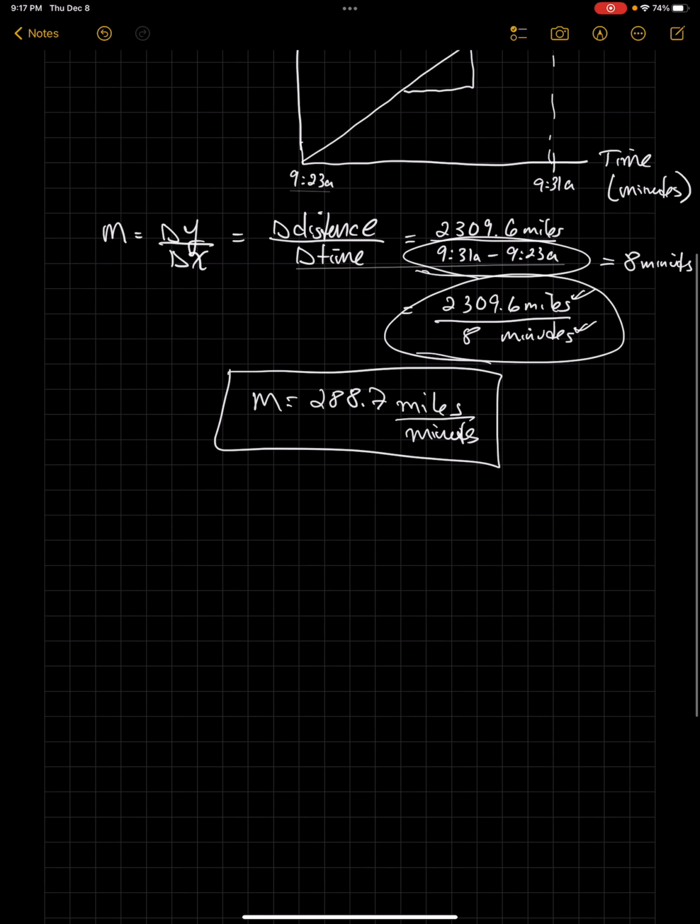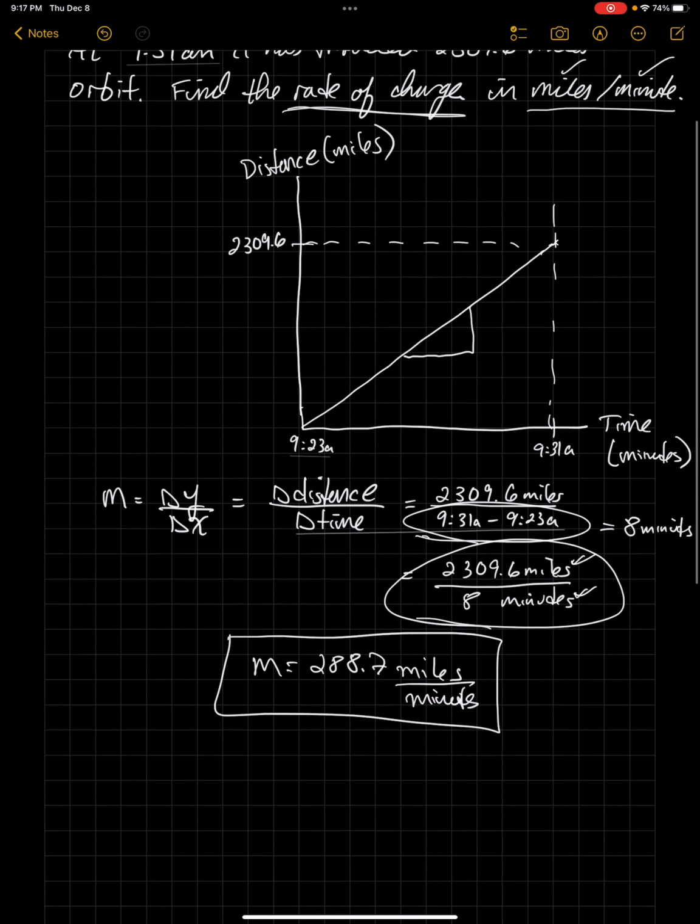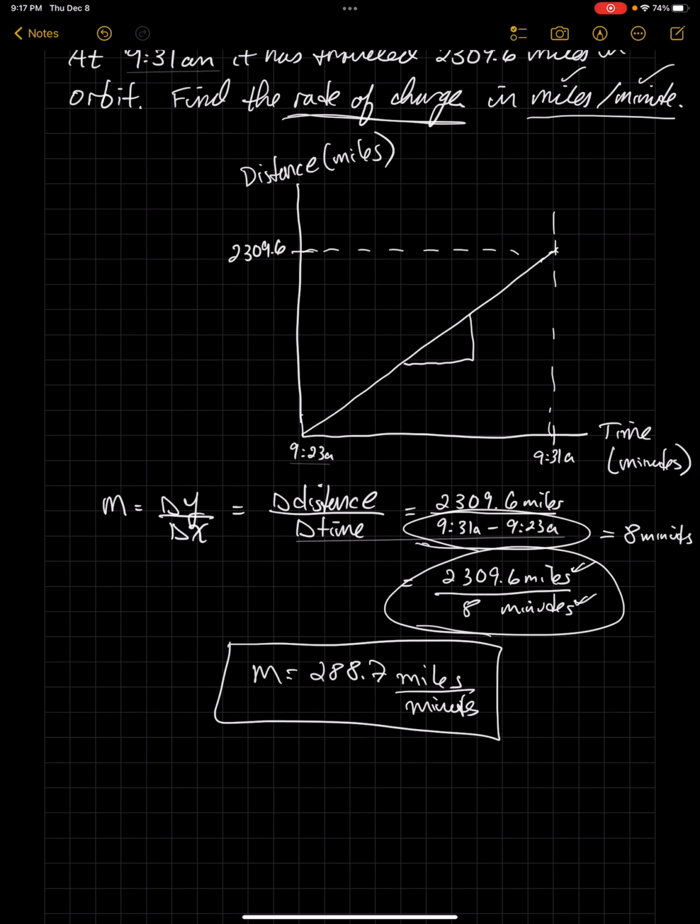Now, we all have familiarity with driving in our vehicles, and we know that we generally report speed as miles per hour. So the slope that we've calculated here as miles per minute is a type of speed. Speed is distance over time, and that's exactly what we have. Distance is miles divided by time, which is minutes.